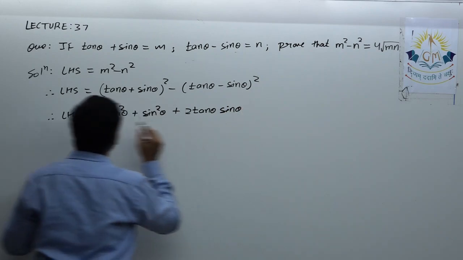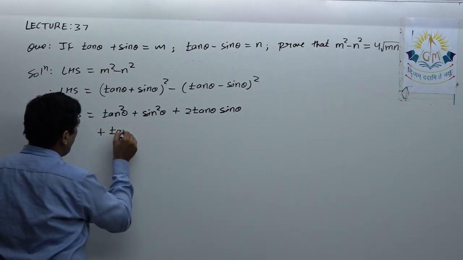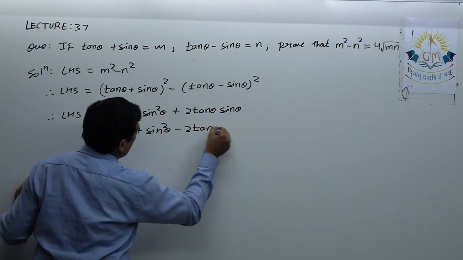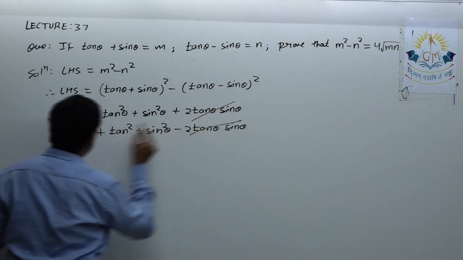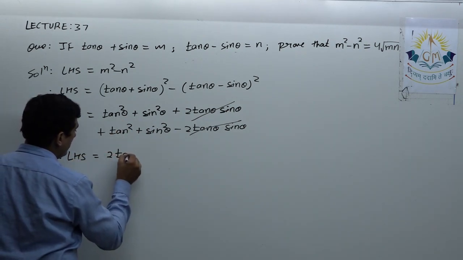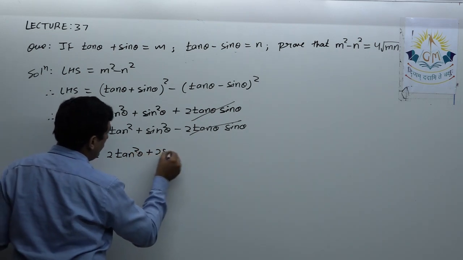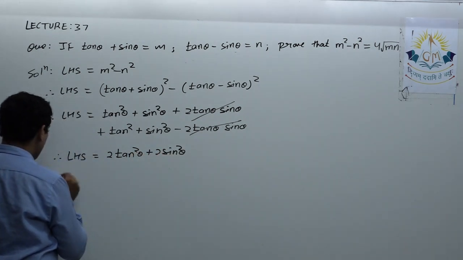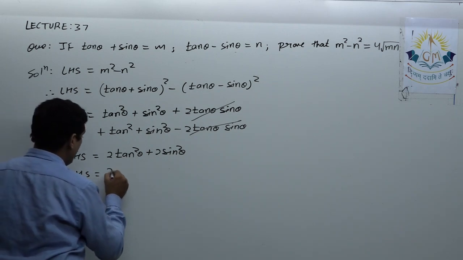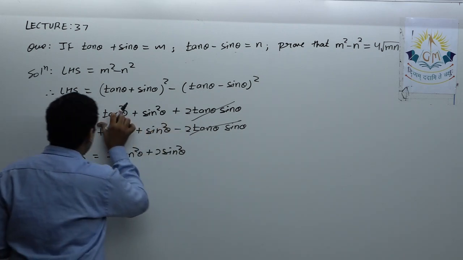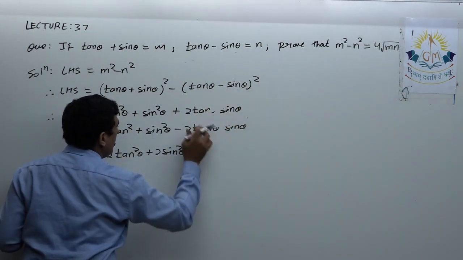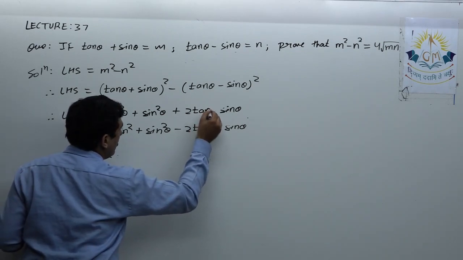Then if I expand the other, I'll get tan square theta plus sin square theta minus 2 tan theta sin theta. One thing more, here actually there is a minus sign between these, so this won't get cancelled.